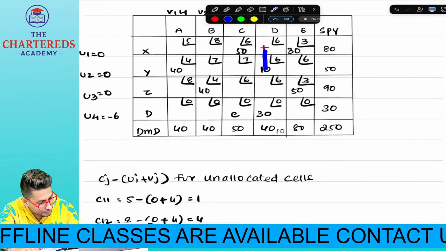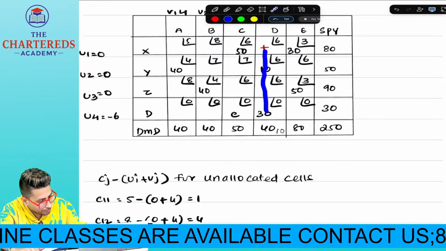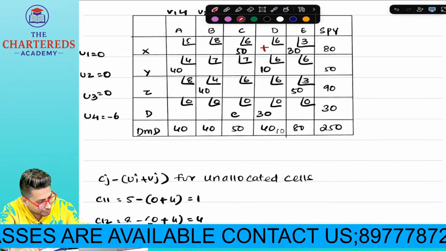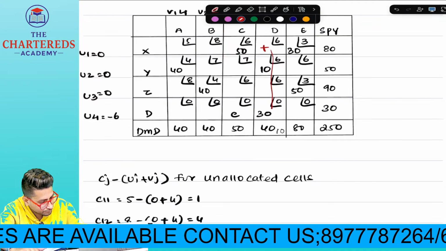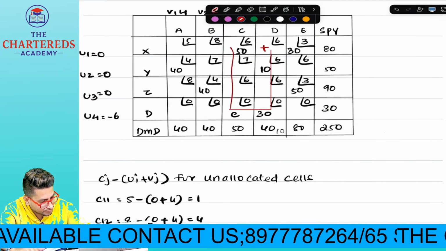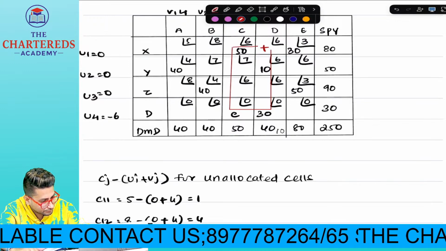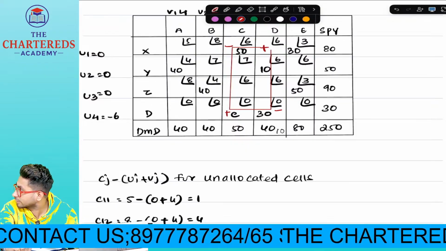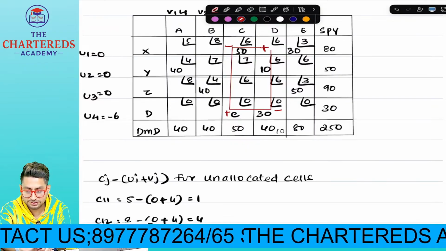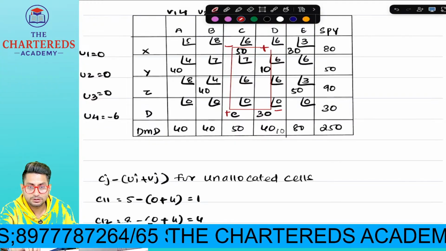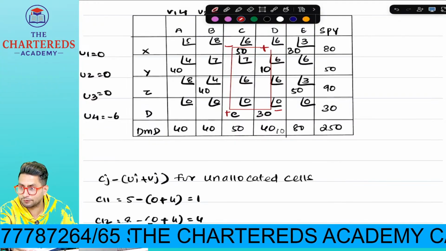I'll go like this, come like this, go like this. Plus, minus, plus, minus. Plus, minus, plus, minus. Am I able to form a loop? So is an alternative answer possible from here?